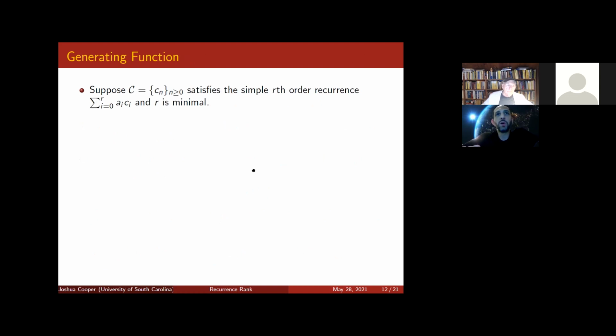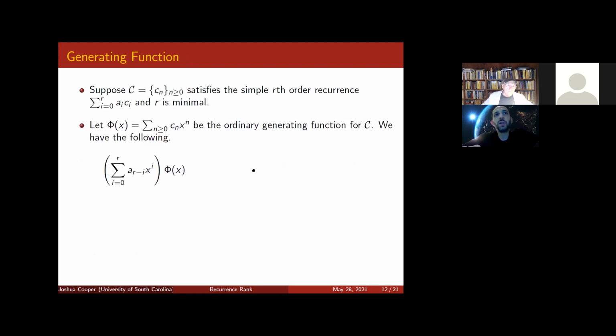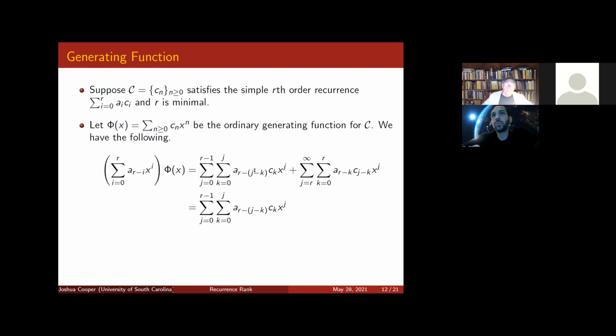All right, so suppose you have a sequence that satisfies a simple rth order linear recurrence with R minimal. Then you do the usual thing: you multiply the generating function by the characteristic polynomial. Of course, the infinite part of this convolution goes away because of the linear recurrence that the sequence satisfies, and you end up with just a polynomial.